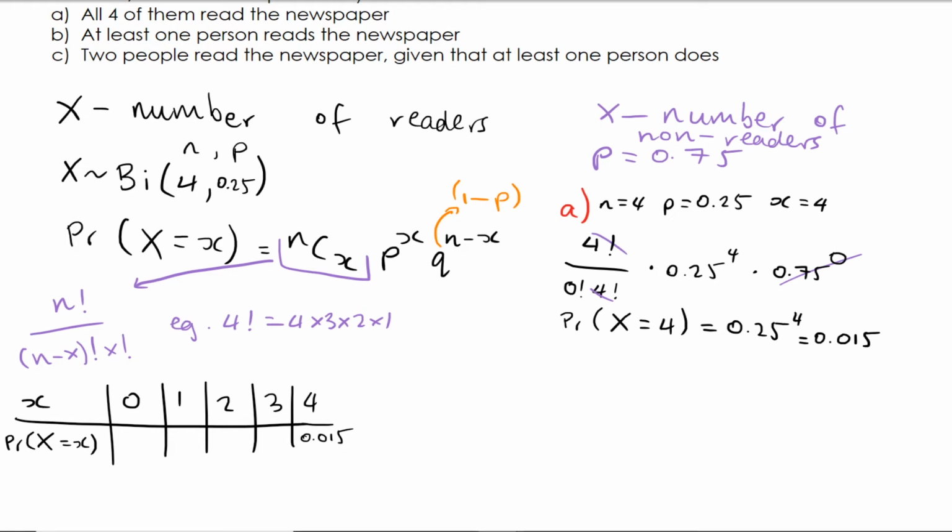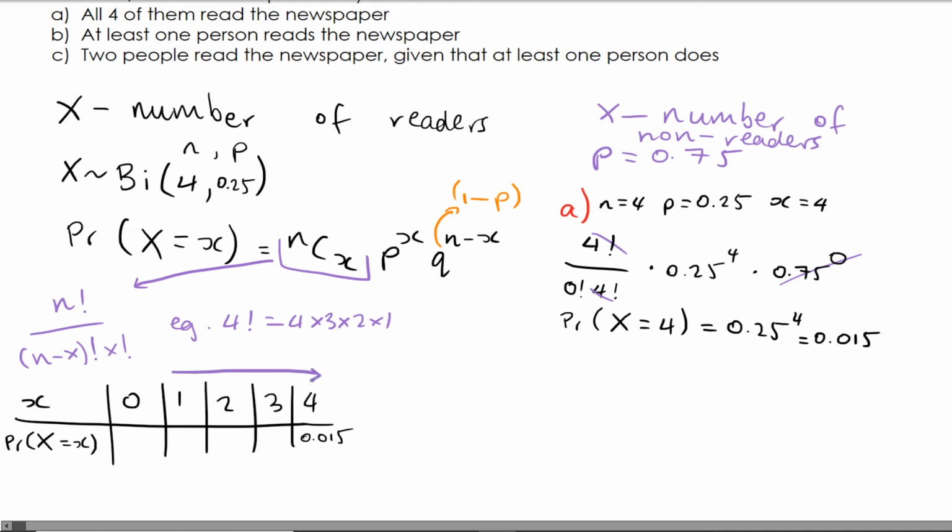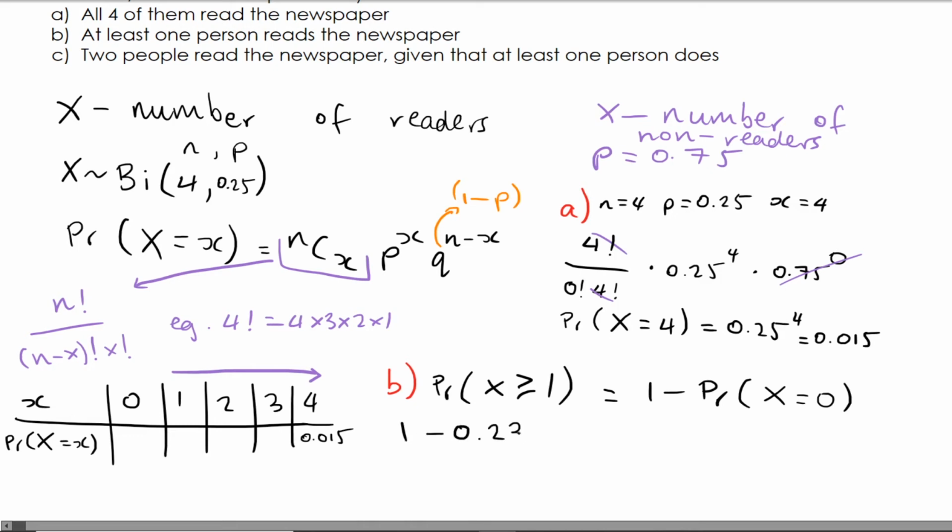So the probability that at least 1 person reads the newspaper is going to include all of these options, which means that for part B, we can write the probability that X is greater than or equal to 1 is 1 minus the probability that X is 0. So we're doing 1 minus, and I'll save you the calculation, 0.237. So finally we have 0.763. So I'll fill that into the table.